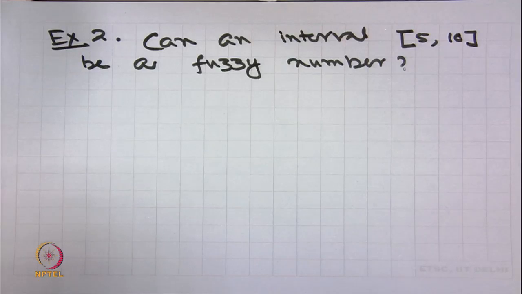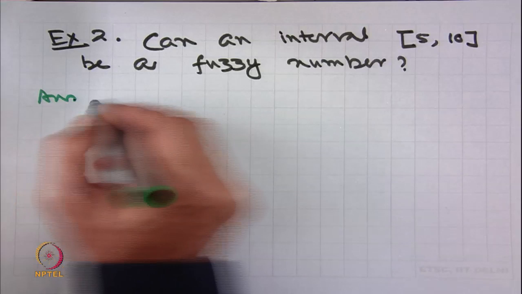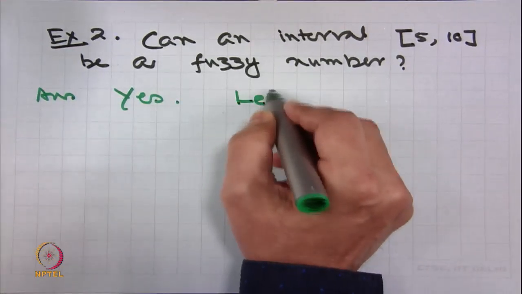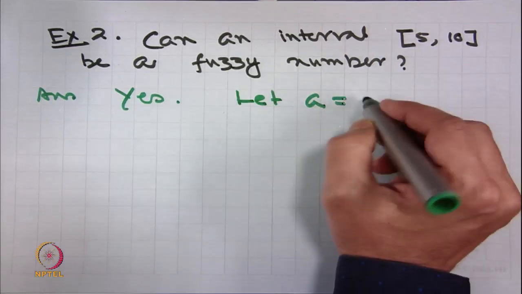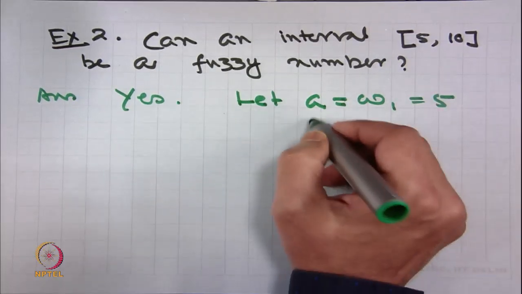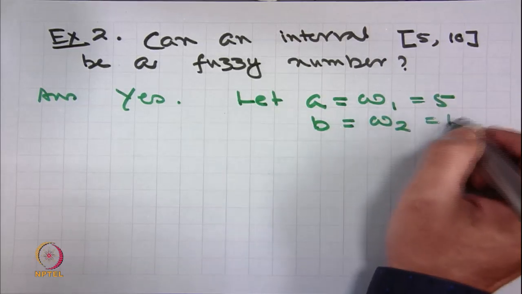Answer is yes. Let a equal to W1 equal to 5 and b equal to W2 equal to 10.